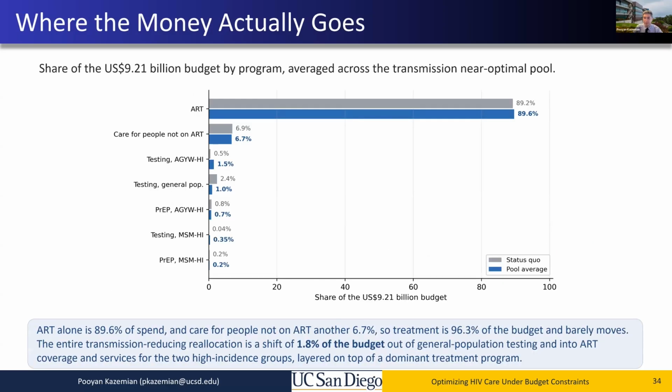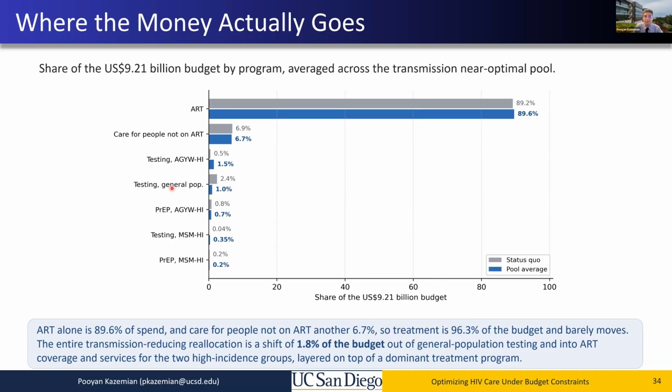The other question that might be interesting is where the money actually goes. So this slide compares how the money is spent in the status quo versus the average in the solution pool. Here you see that the category that we are cutting most is testing for general population. Maybe I can point. So here.